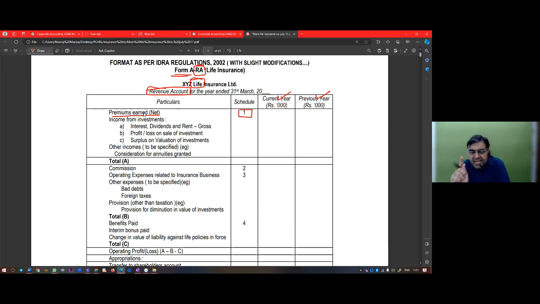Schedule 1 is premiums earned, and other incomes are given separately. So income from investments and other incomes are given separately. Other incomes include consideration for annuity granted. I will explain at the right point of time what is consideration for annuities granted. Don't worry at all.